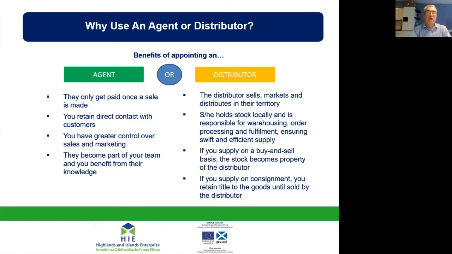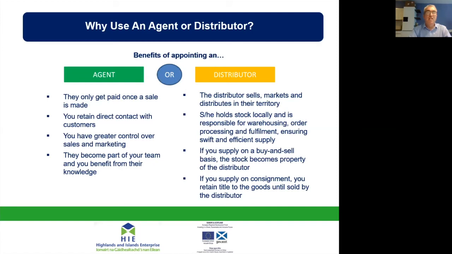If you supply a distributor on a buy and sell basis, the stock becomes property of the distributor. If you supply on a consignment basis, you retain title to the goods until they're sold by the distributor. The problem with this is that you may not get paid until the distributor has sold the goods.